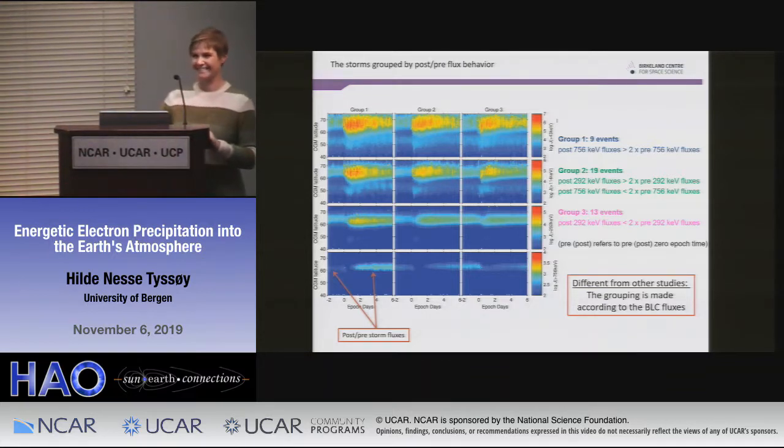How much total energy, or power? I can't give you a number. We haven't used it that much to look at the hemispheric power.